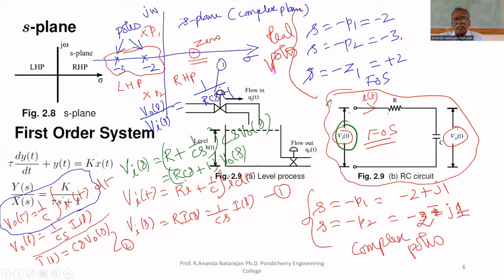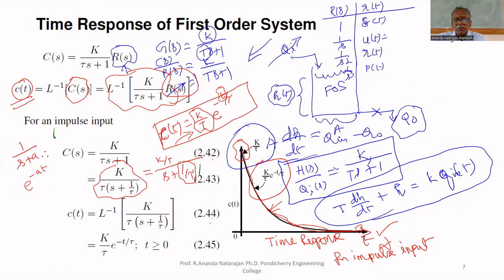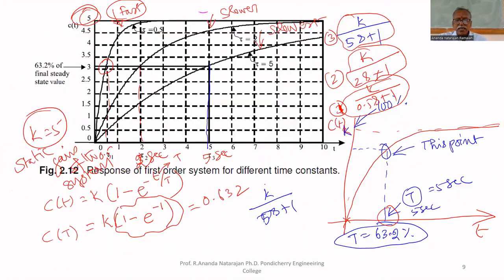So this k is in time constant form. It means the final value will be at k.